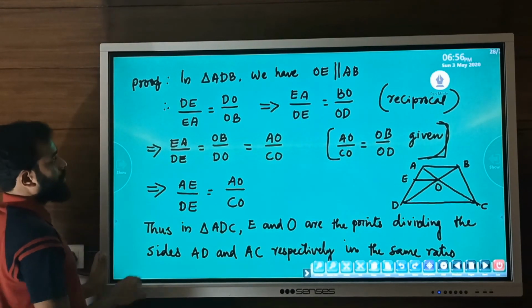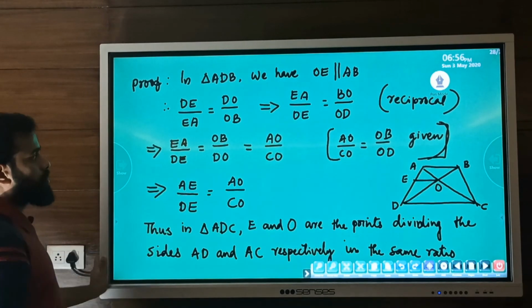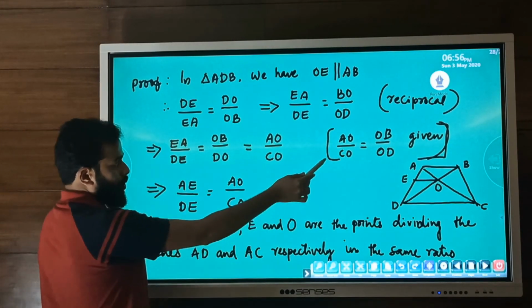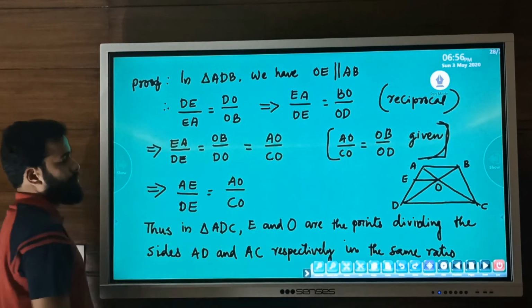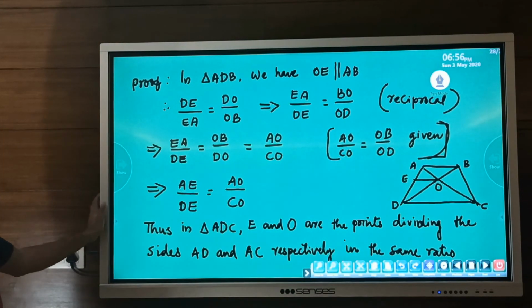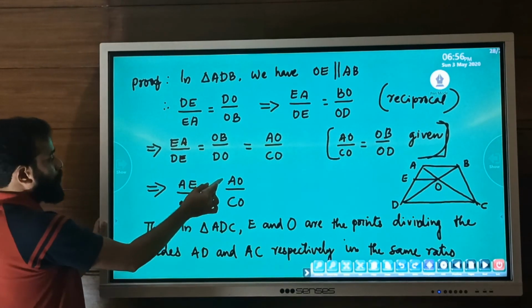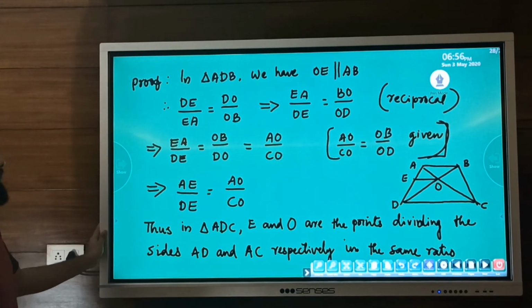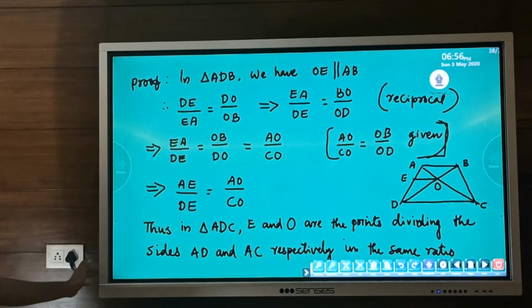That is equal to AO by CO, because it is already given that AO by CO is equal to OB by OD. So AE by DE equals AO by CO. Thus in triangle ADC, E and O are the points dividing the sides AD and AC respectively in the same ratio.